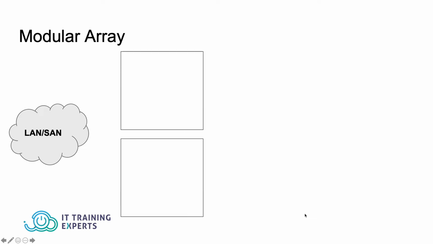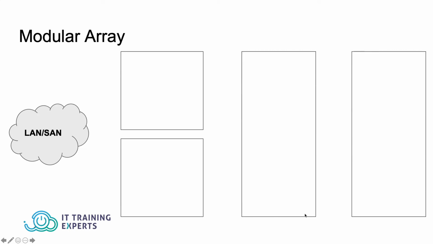So a modular storage array, this is a very simple kind of animation, but is typically connected to a LAN or SAN. It's a multi-protocol system for the most part. You have two controllers, an A and a B controller, and each of these are connected to a series of disk shelves. In this diagram, there are two disk shelves that are shaped like rectangles.